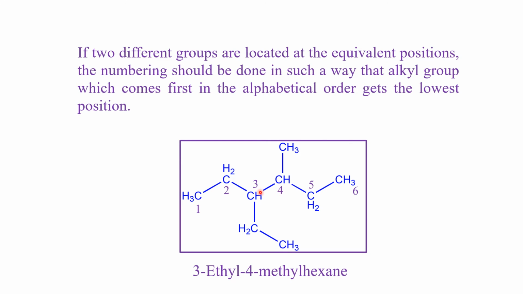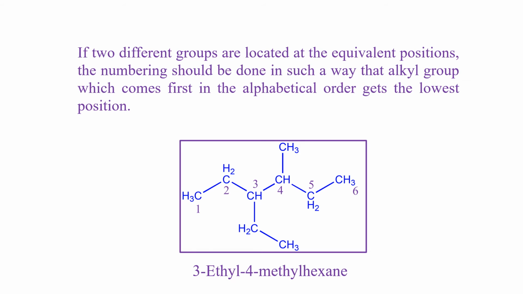They are going to be 3 and 4 only. So in such a condition, we have to prefer the numbering which gives the least possible number to the substituent which comes first in alphabetical order. So the name becomes 3-ethyl 4-methyl hexane. If the numbering was started from the right side, then it will be wrong.